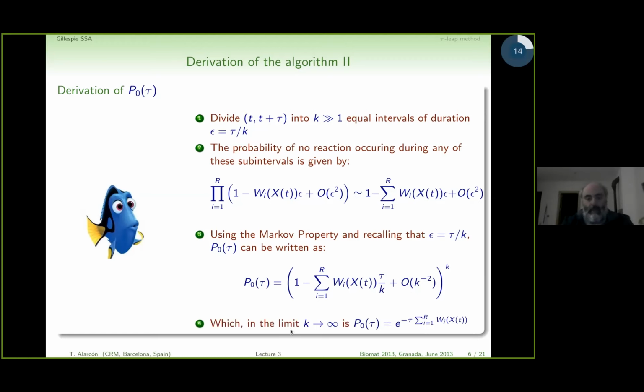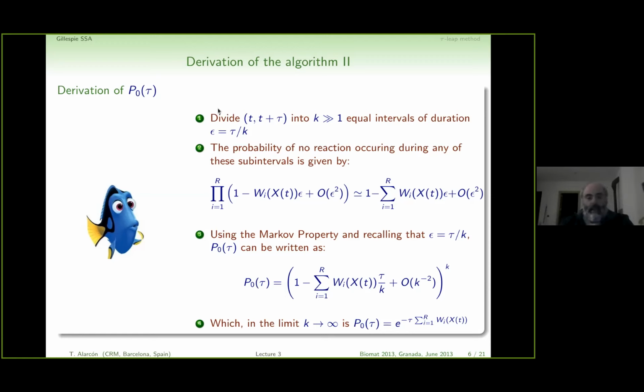In this limit, p naught of tau is equal to this quantity here. So this is just applying the definition of the exponential. Is this clear? Because this is basically the whole thing with the algorithm.